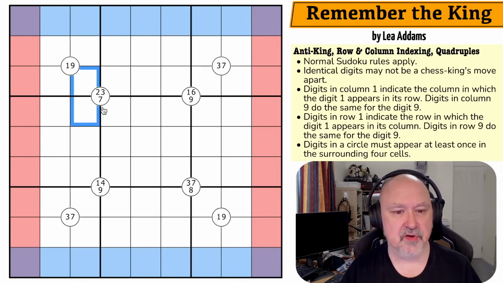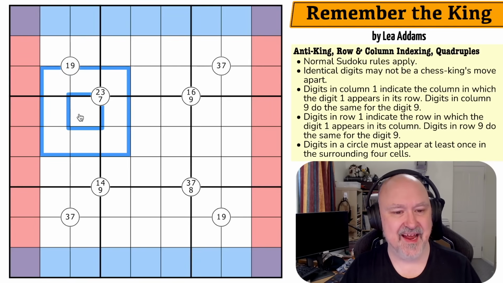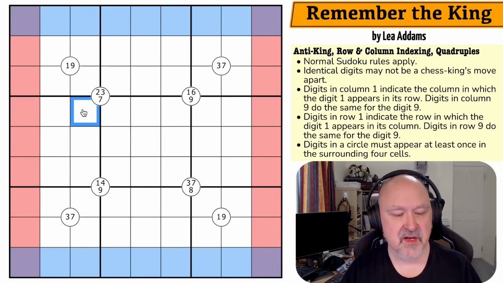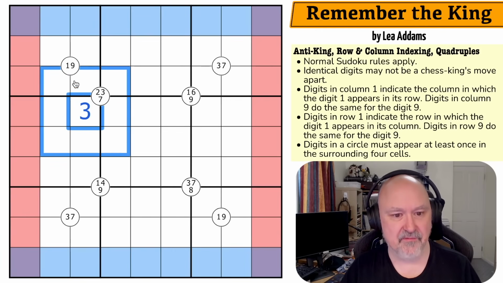This used to be called the no-touch rule, which is basically that any digit placed in a cell cannot also be placed in any of the cells that touch that cell. So, for example, say this digit was a 3, it would mean that we couldn't put a 3 in any of those cells.